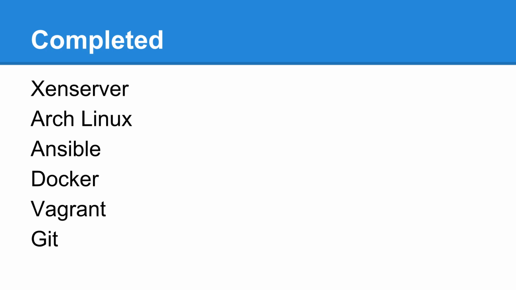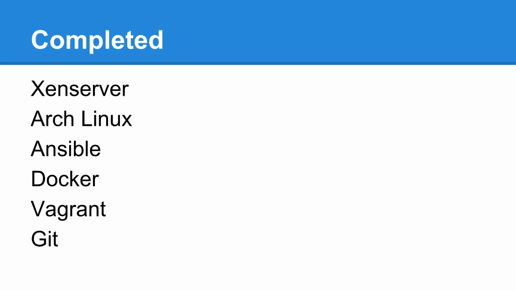So I decided to go with Arch Linux, which took a little bit more time to install, but it was worth it because it has better documentation. And Vagrant running on top of it actually worked out very well. So I'm really glad I made that switch in the beginning.